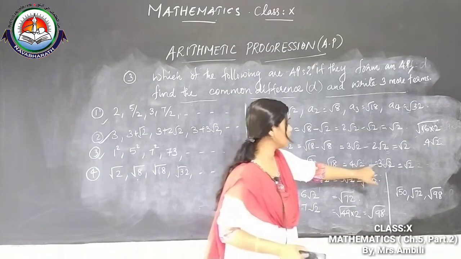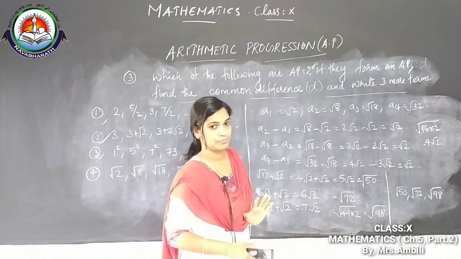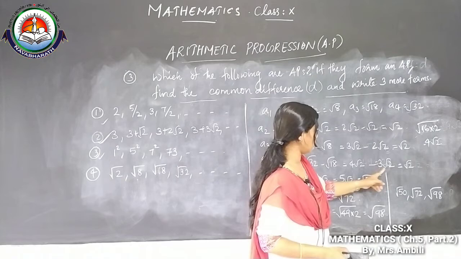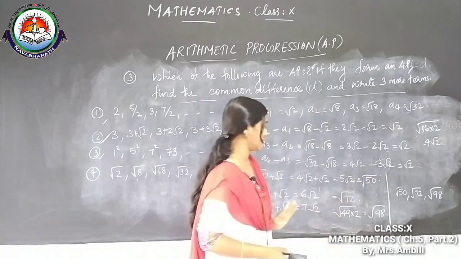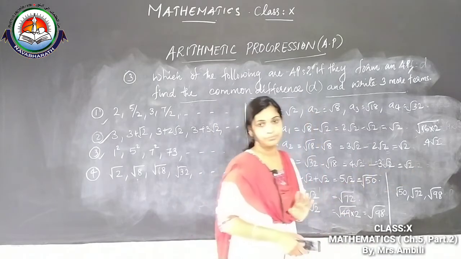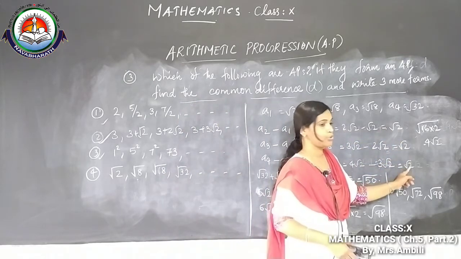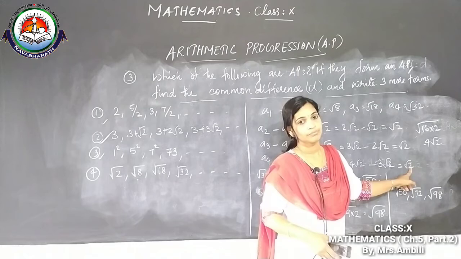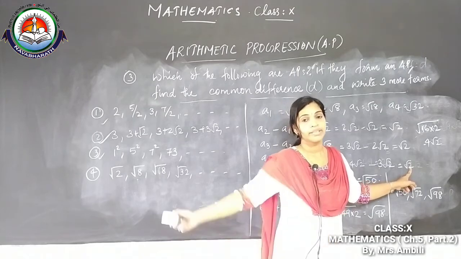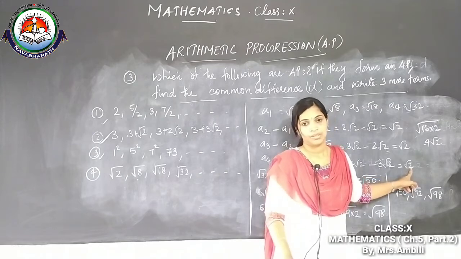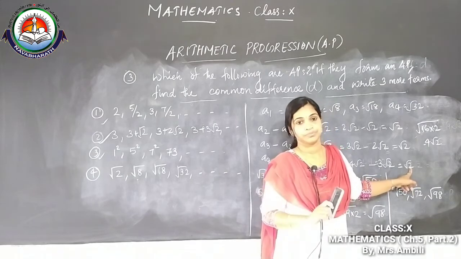Here, 4 root 2 minus root 18, which is 3 root 2, equals root 2. So here we got the difference is root 2 everywhere. So the given sequence is an AP, and the common difference is root 2.